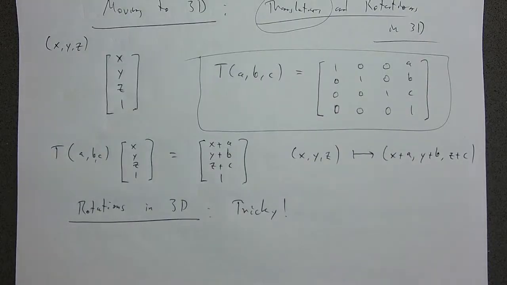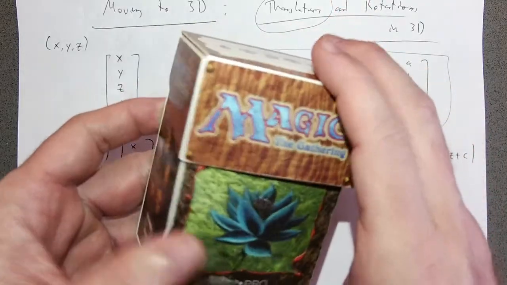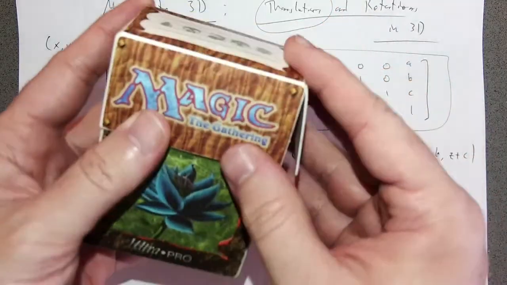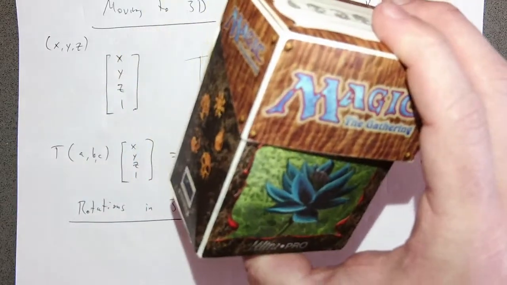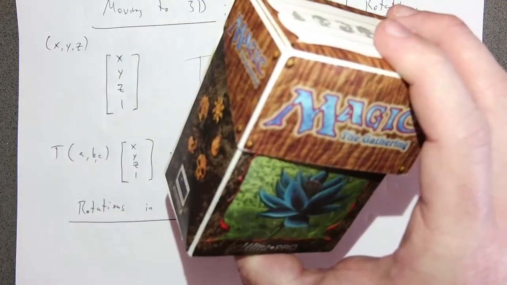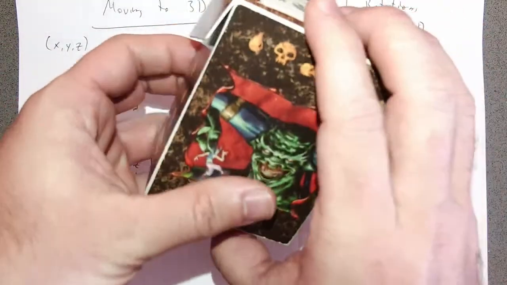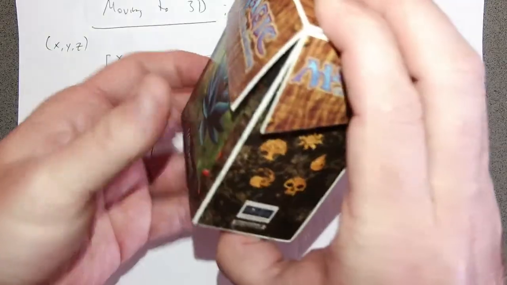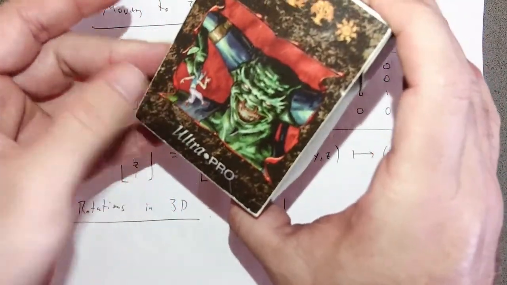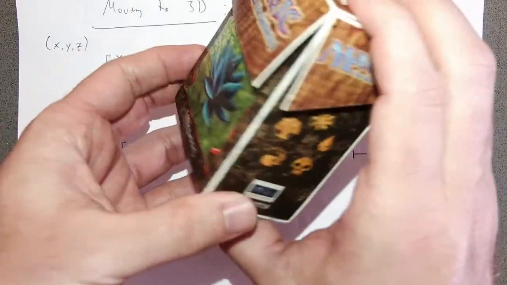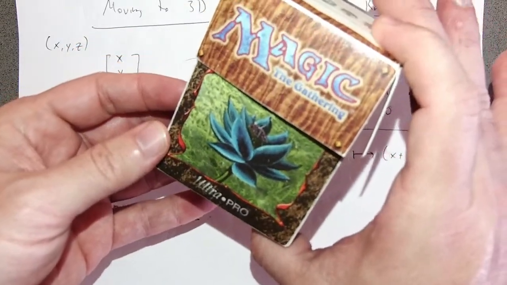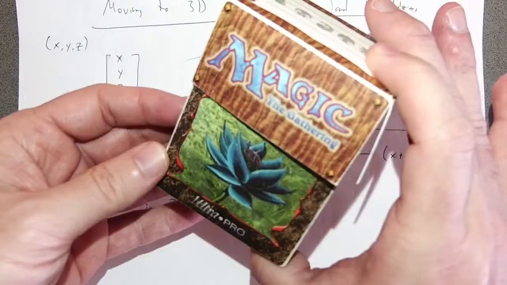Here's an ancient deck box. Let's think about this just sitting in space, and I'm going to describe how I can rotate it. Well, here's one way of doing it. But is that the only way to rotate it? Well, no, of course not.